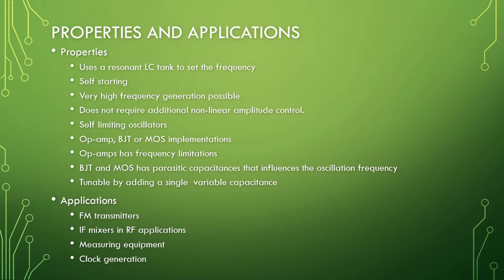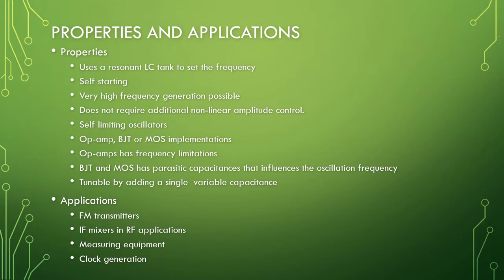So we do not require additional nonlinear amplitude control with these. And if you do it with a BJT, it also uses the non-linear region of a BJT to self-limit the output.